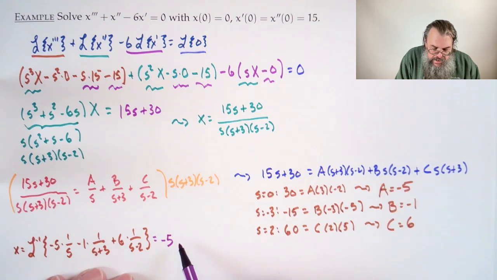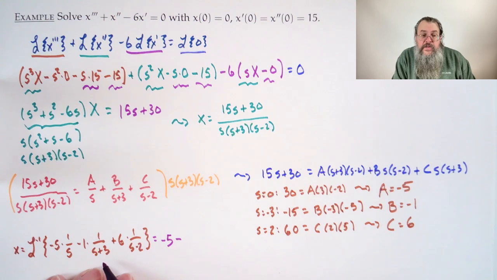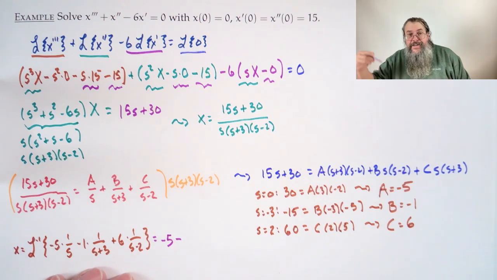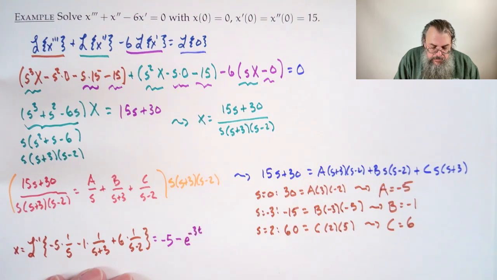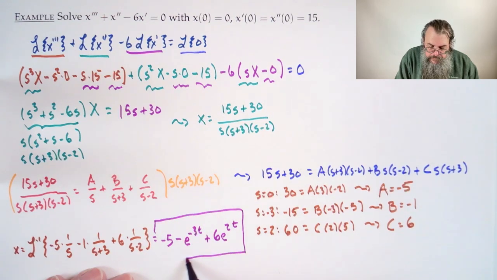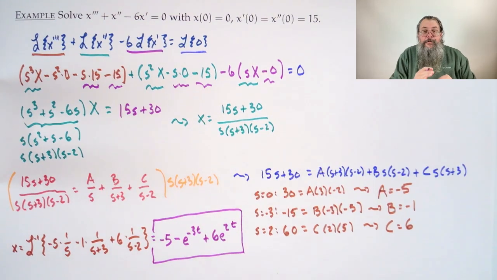Then here we'll have a minus. Now this is s plus 3, which is s subtract negative 3. So that's going to be a e to the minus 3t. And here we'll get plus 6. And then we're going to get e to the 2t. And we're done. That's it.